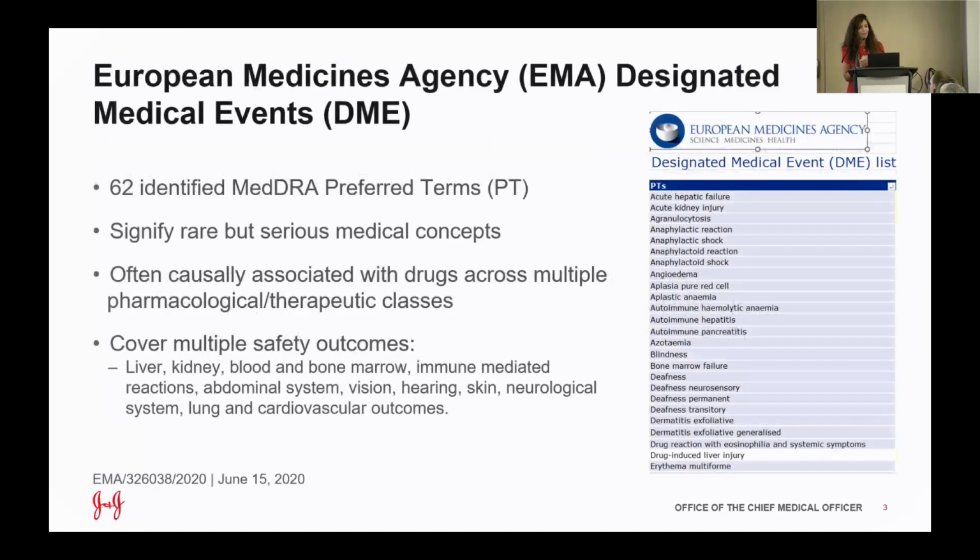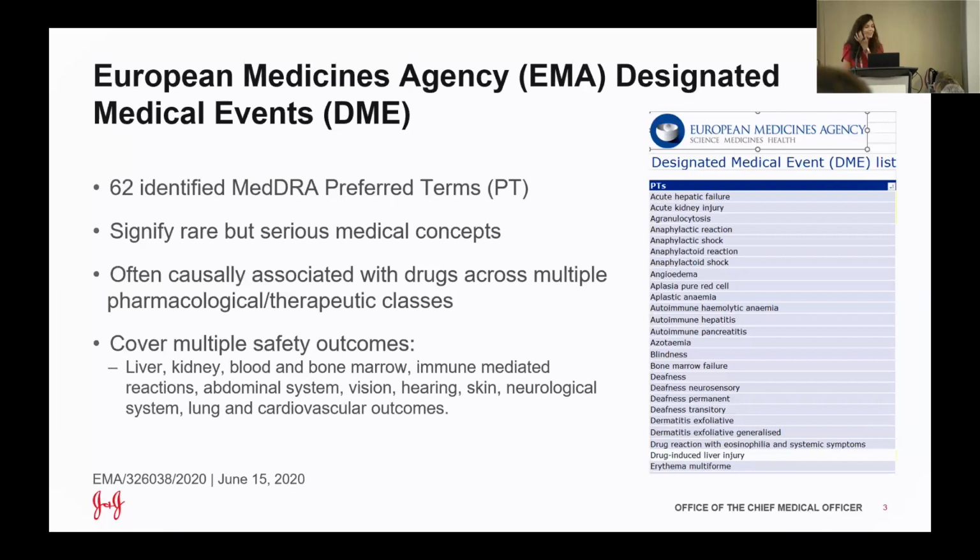Okay. For those who are not familiar, DMEs is a list of MedDRA preferred terms that the EMA uses to identify spontaneous reports that are worth immediate and special attention because those are believed to signify clinical events or adverse events that are rare but serious and often causally associated with the use of drugs across multiple pharmacological and therapeutic areas.